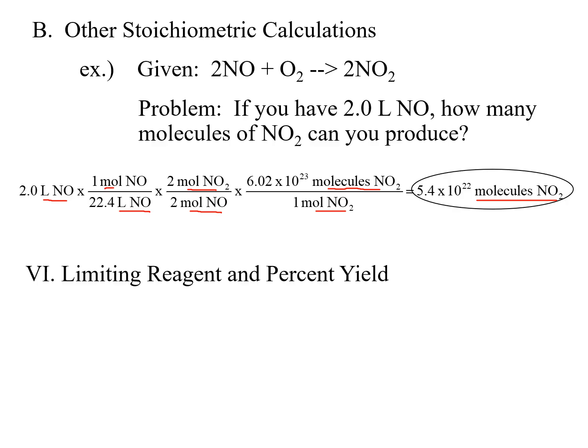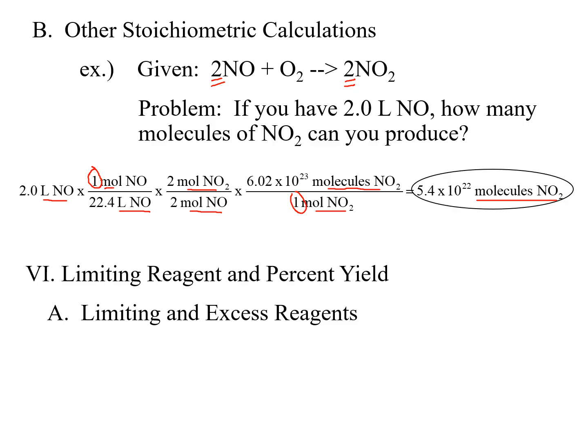That came from my balanced equation. There was a 2 in front of the NO, so that's 2 moles of NO. And there was a 2 in front of the NO2, so that's 2 moles of NO2. And then the numbers that go with the conversion factor of something to moles are always 1s. Always.